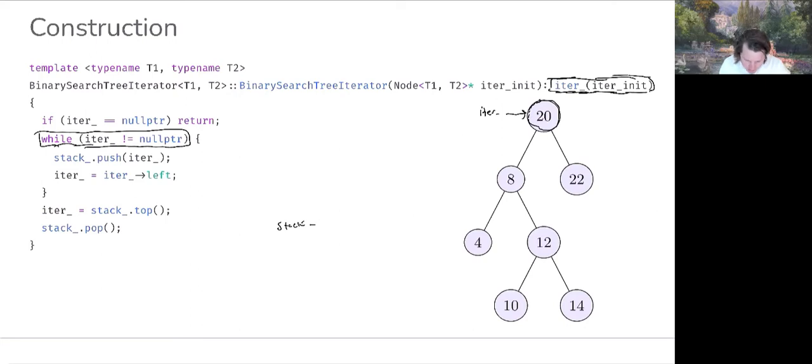I'm just going to put little circles to represent the nodes. This would actually be storing the address of the nodes, but this might be easier to visualize. After we've done that, we'll move iter to iter's left. At this point, iter is still not equal to the null pointer, so we'll push 8 onto our stack, and then we'll move iter to iter's left.